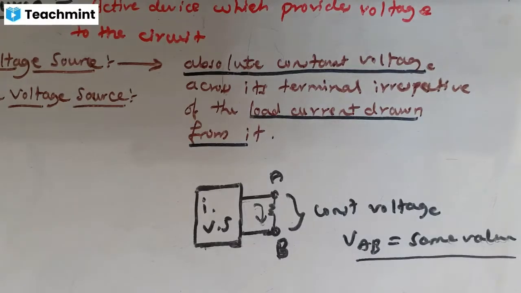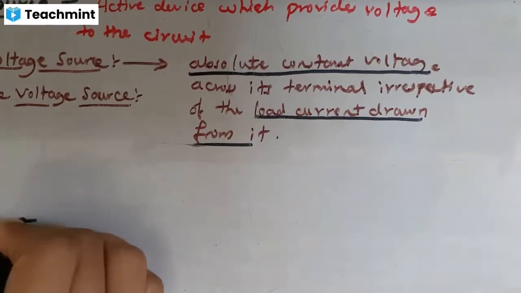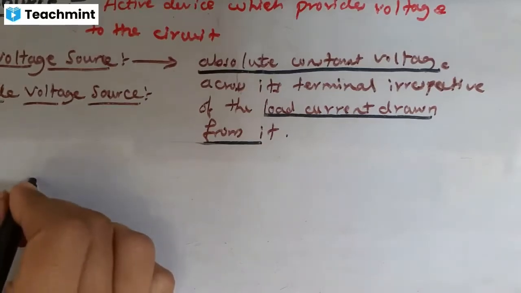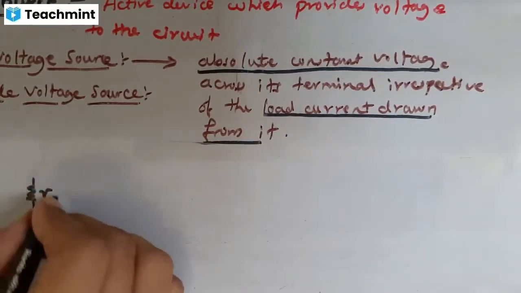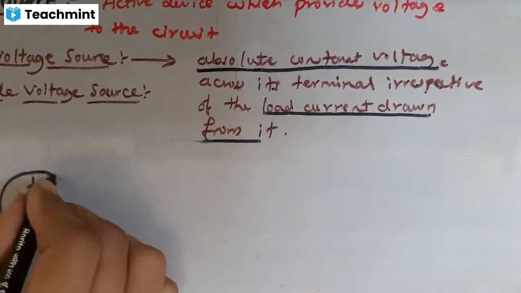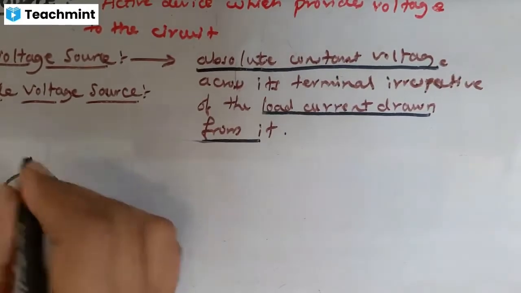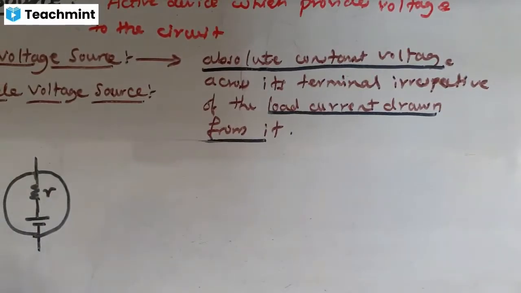But for that, a certain circuit diagram is there. We'll draw that one. You can just draw one battery here. Again, this battery has some internal resistance, which I denote by small r. This all together is our voltage source, either practical or ideal.